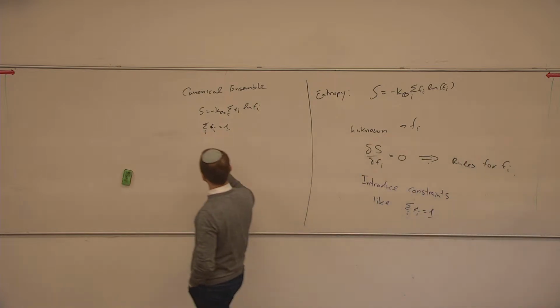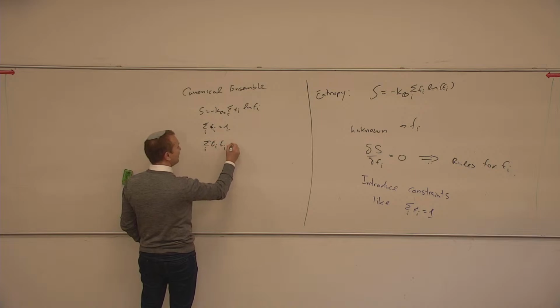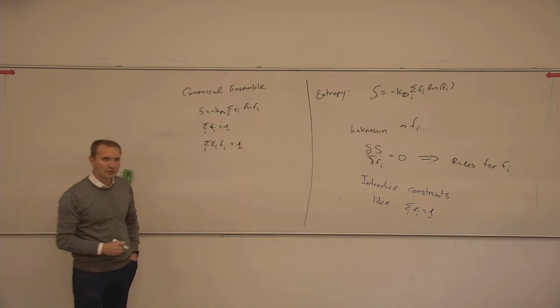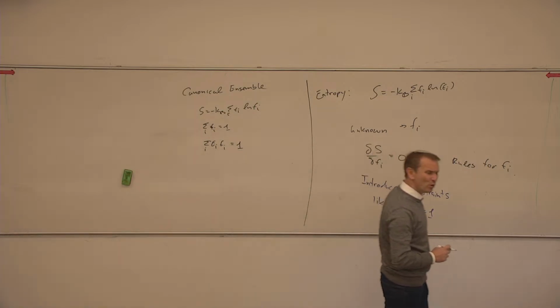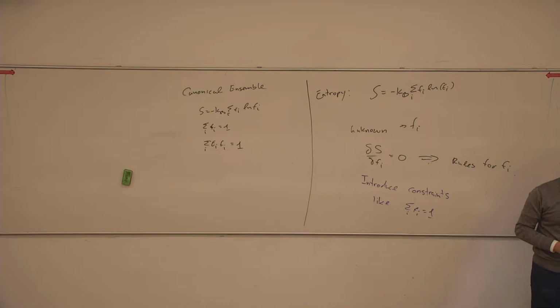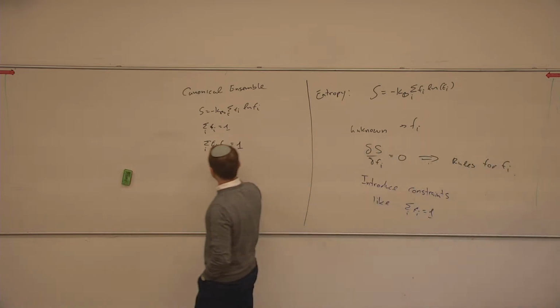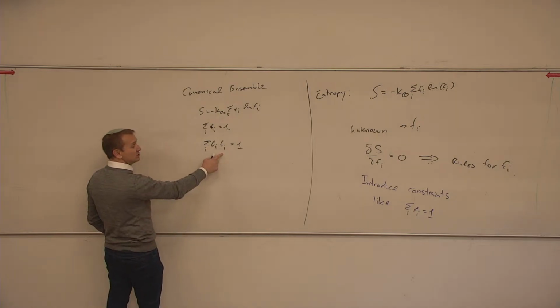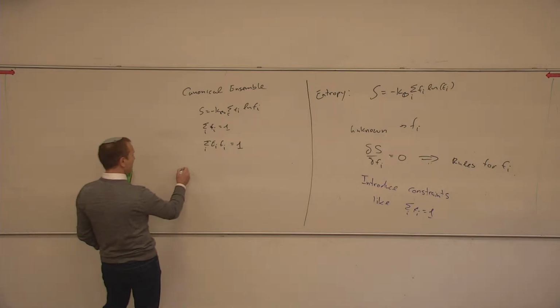We say the following: sum over i of e_i f_i equals a fixed value. For the microcanonical ensemble, all the energies were exactly the same. And therefore, we obtained that the probabilities have to be exactly the same for all the different states. Here, this is the additional constraint. All right, so let's see what happens.